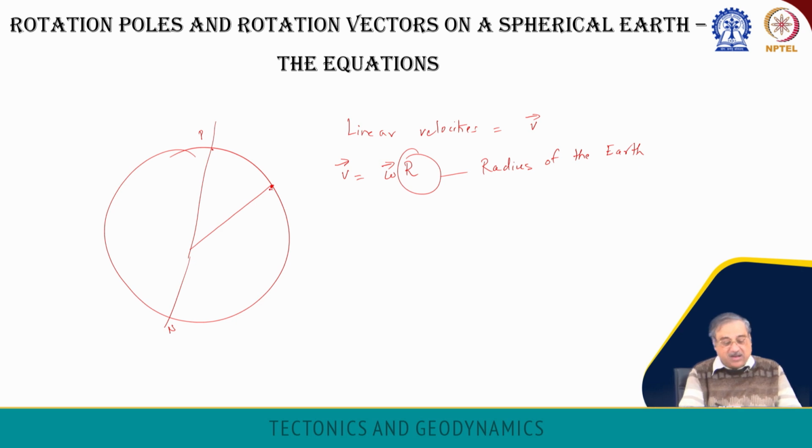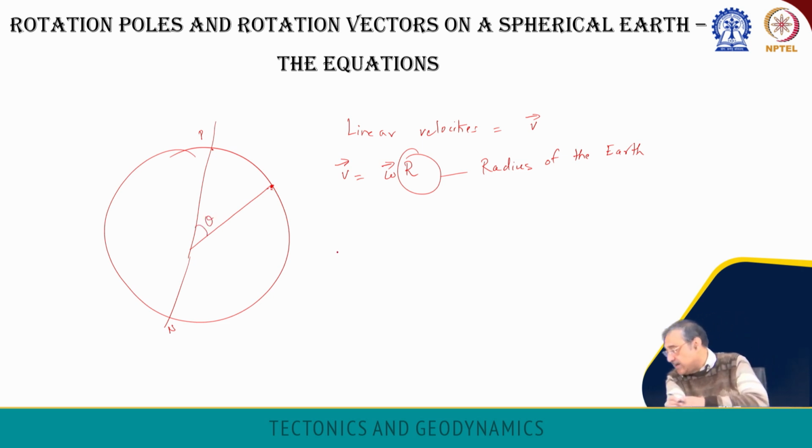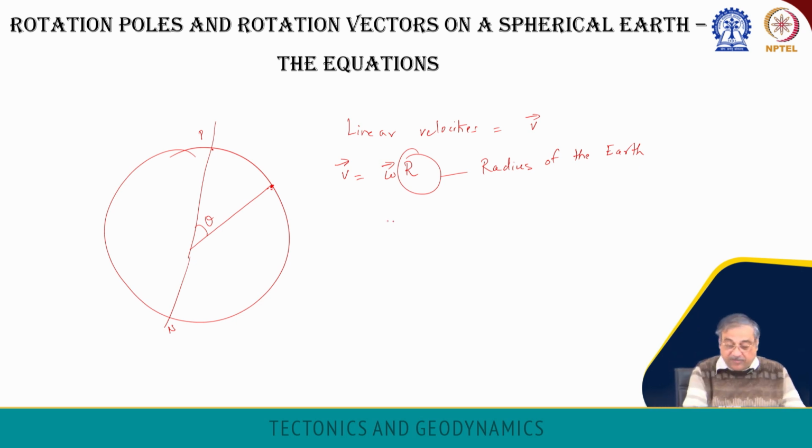Now what would be the linear velocity? This is what we can actually measure on the surface of the earth. If this angle is theta, then the velocity that we have would be v is equal to omega r sine of theta. That's the obvious trigonometrical solution, and we consider this to be my positive pole.